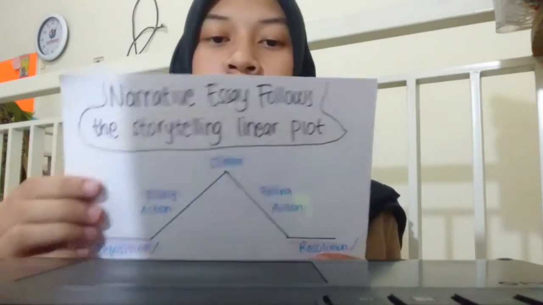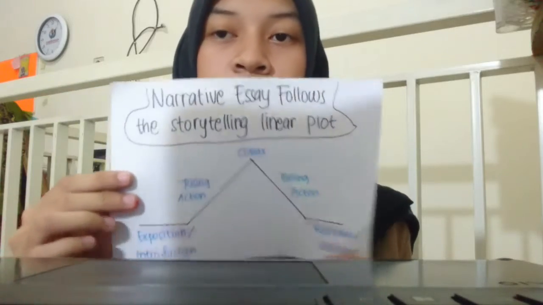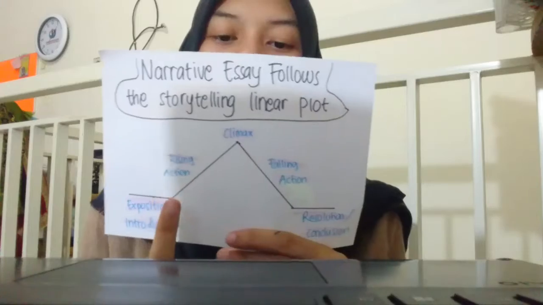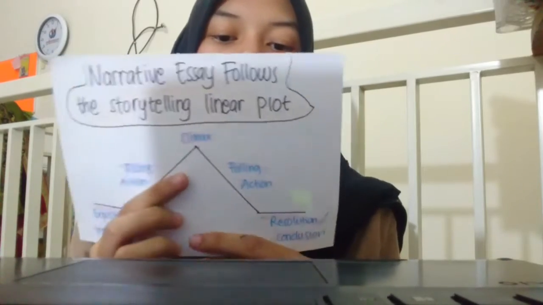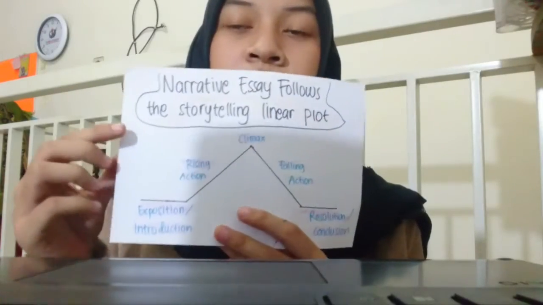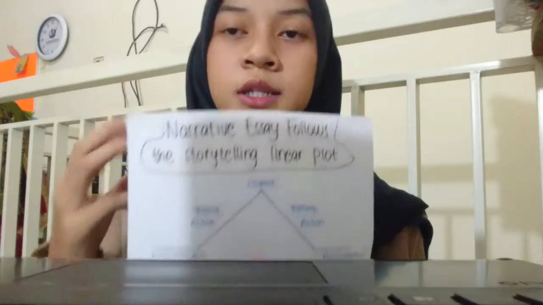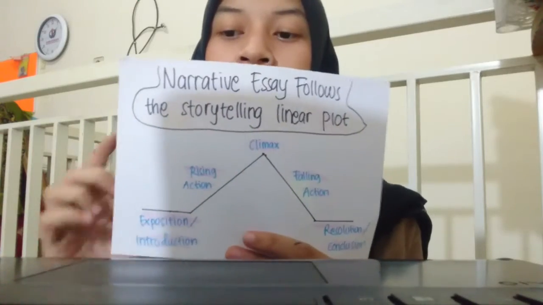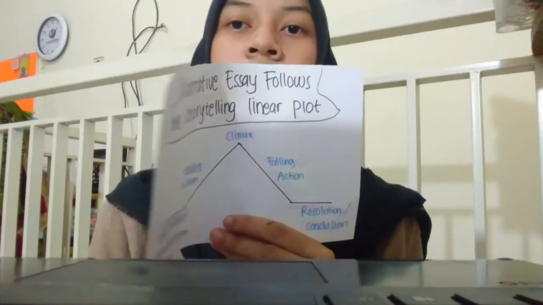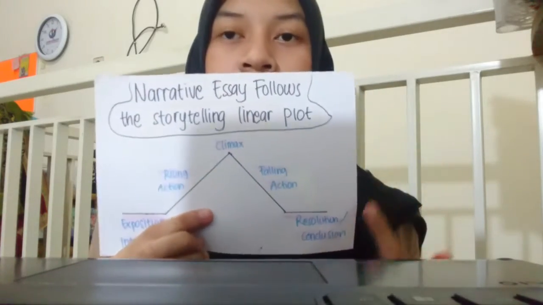And narrative essays follow a linear storytelling plot, which is first exposition, rising action, climax, falling action, and resolution. So it is divided into three parts, which is first the beginning, the middle, and last the end.